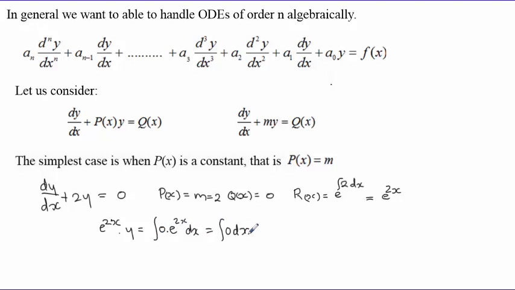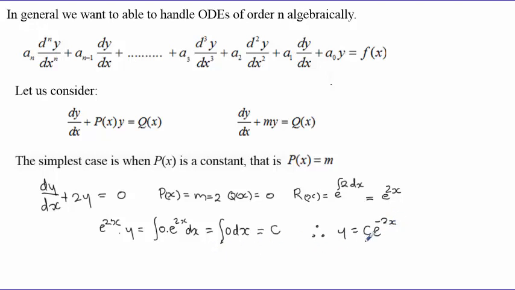Now we can write it this way. When we are integrating in this fashion, we are simply looking for the function which differentiates to 0, which we all know in this case is a constant function, let's say c. And now from this we get that e to the power 2x times y is equal to c, which lands us at the fact that y is equal to c times e to the power minus 2x.